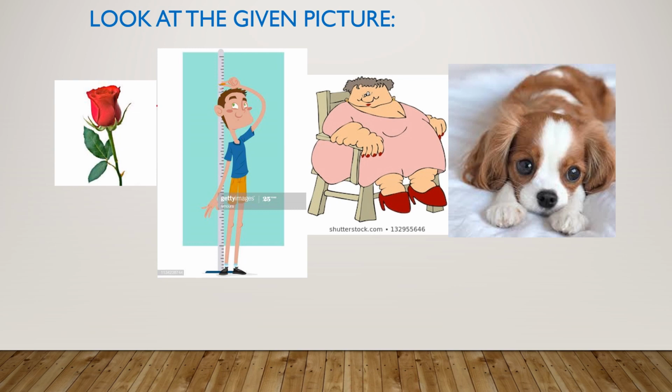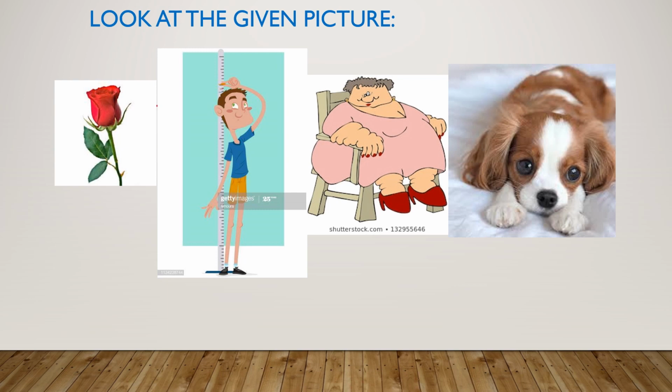Now, dear kids, just hold your pen and take your notebook and look at the given pictures. When you observe these pictures, which is the word that comes to your mind? Maybe when you looked at the first picture, you thought of a red rose or a beautiful rose.